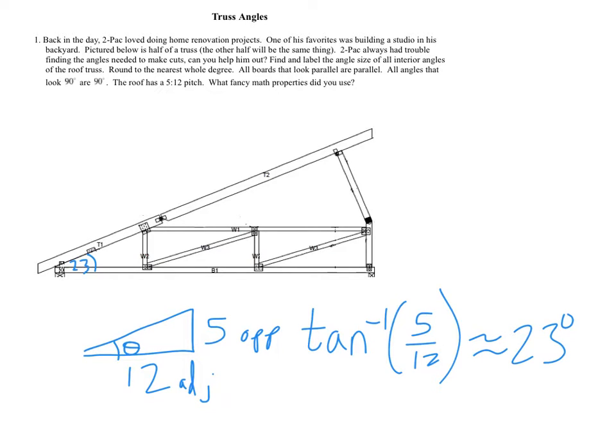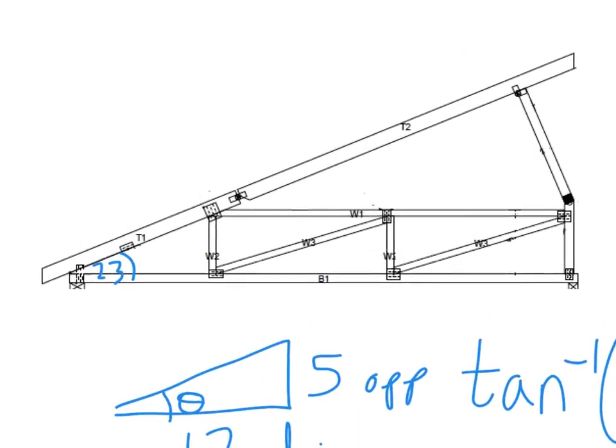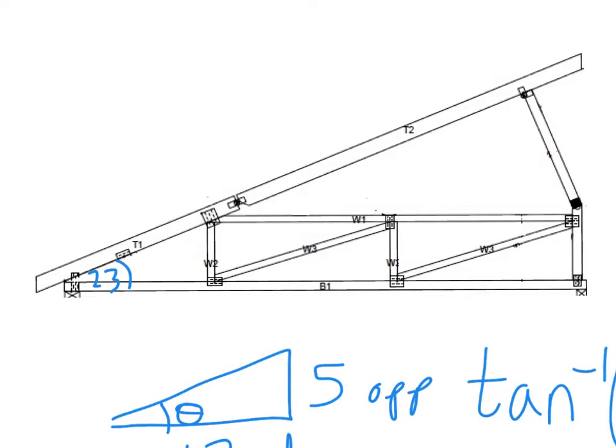Cool. Now, can we figure out all of the other angles? I think we can. I'm going to bring this up nice and big so we don't have to write too small on it. So we got the 23. We're good to go there. Let's figure everything else out. Well, what else are we going to have? I'm going to try and draw on some parallel lines.